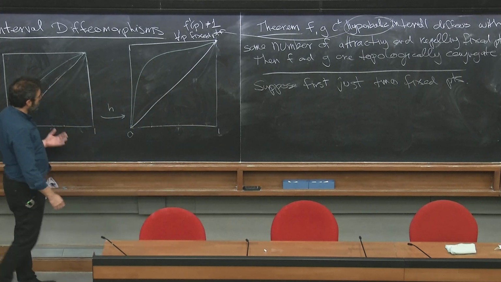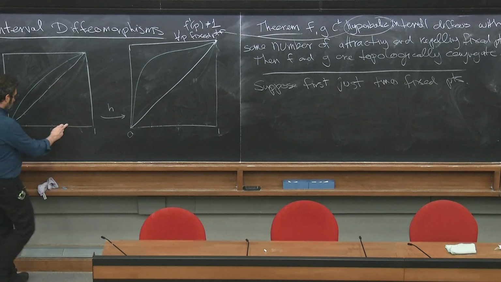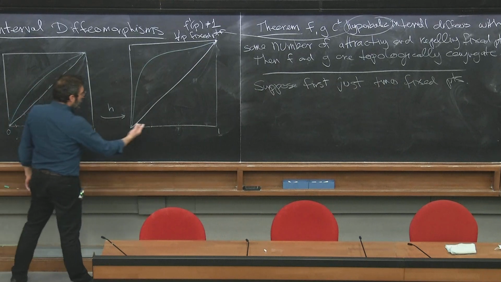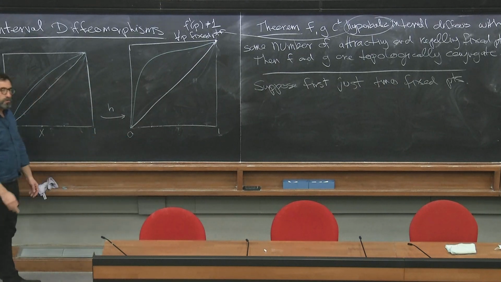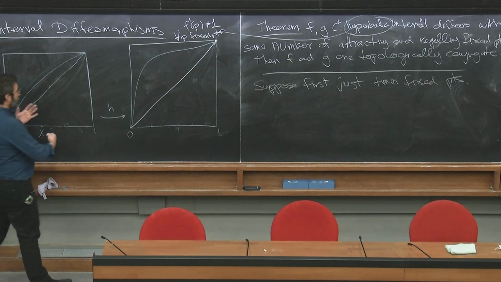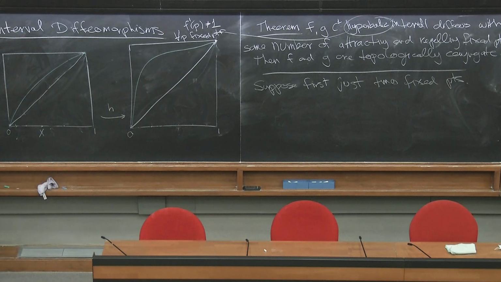And then how are we going to define the other points? What do you think? If I take some point x here, how am I going to choose which point to map it to? How am I going to construct a conjugacy that maps orbits to orbits, right?